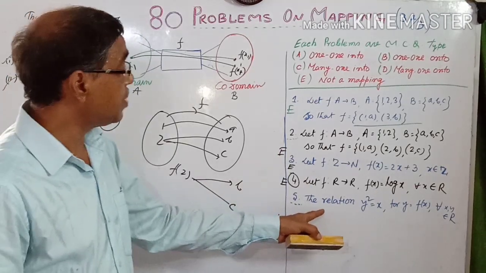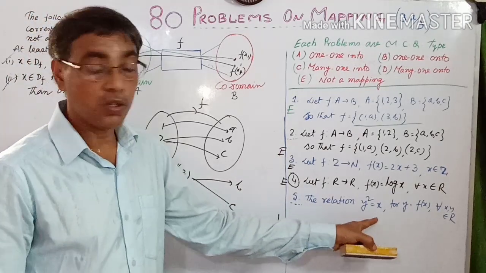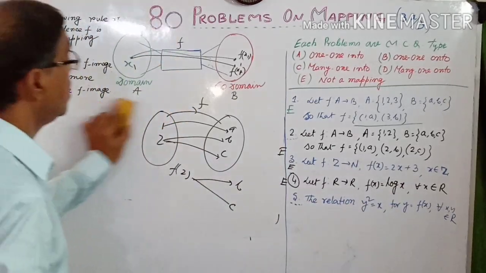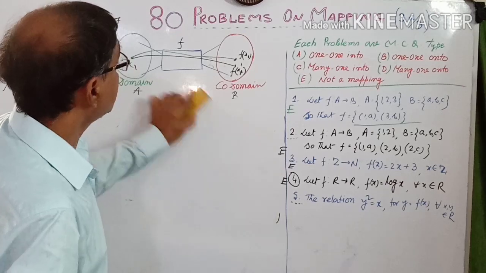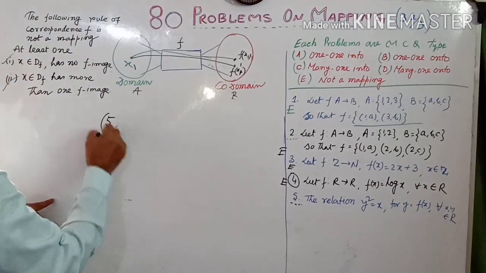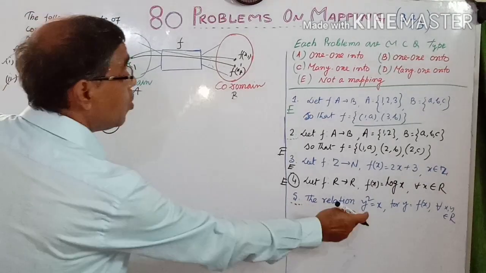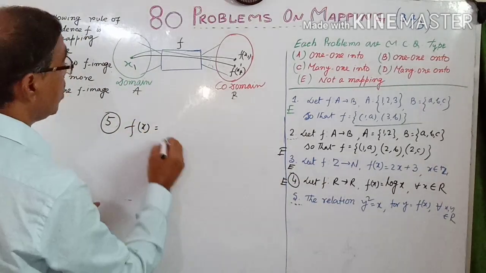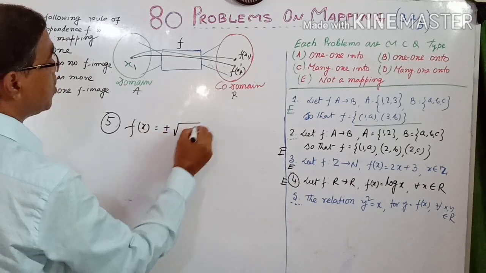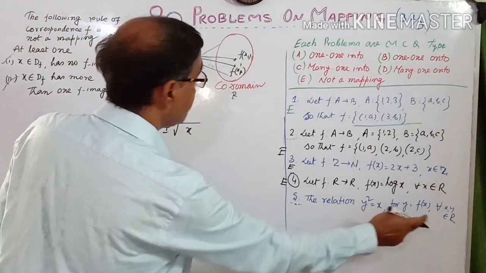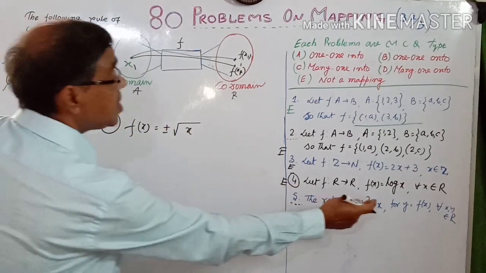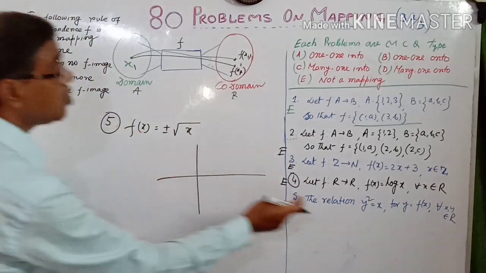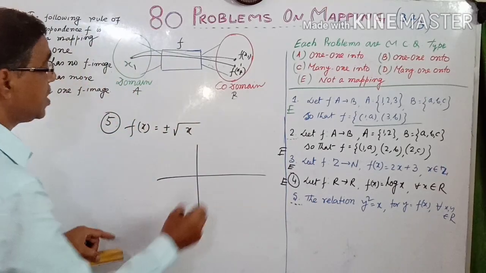Now let us come to another problem, problem 5. y square equals x, that is y equals f(x), for all x, y belonging to R. This is a very interesting problem. We write y equals plus or minus root of x. If we draw the graph, it is of the form y square equals x, that is this.